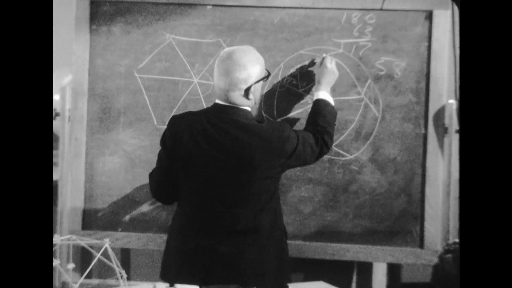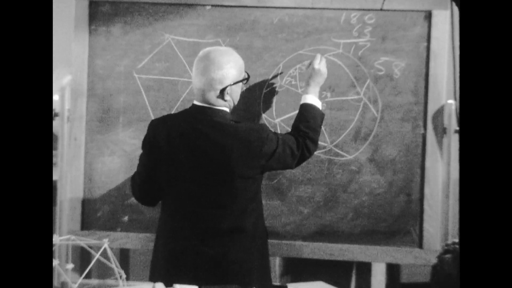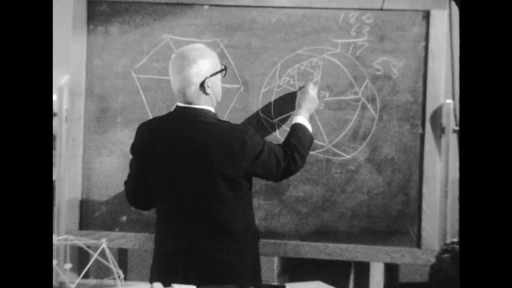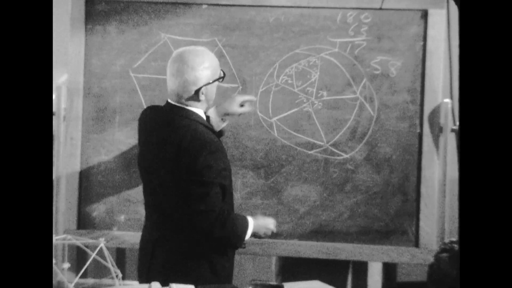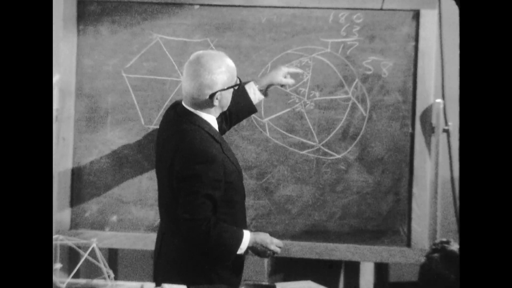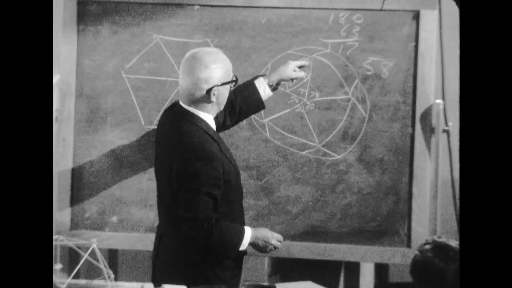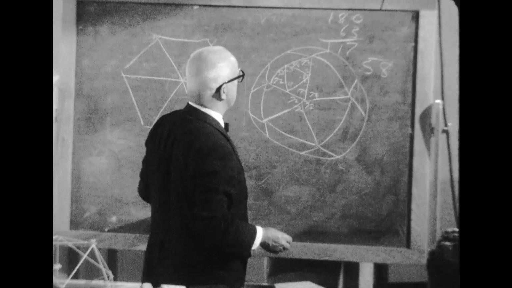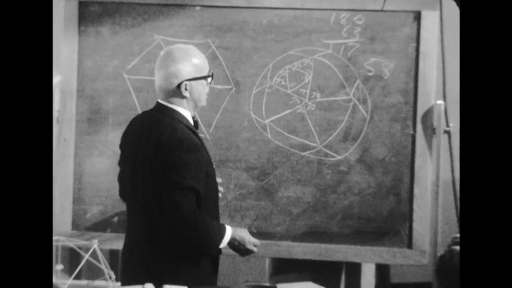Otherwise, right in here there's a spherical triangle, 72 degrees, 58, 58, and this one here is an isosceles spherical triangle, 63, 63, 63. So these are different triangles.